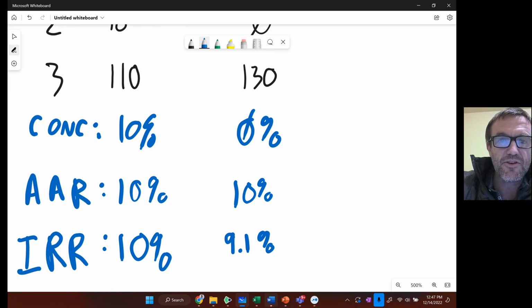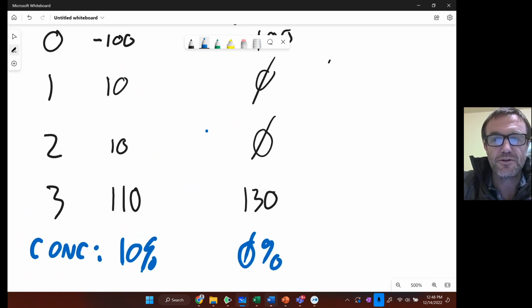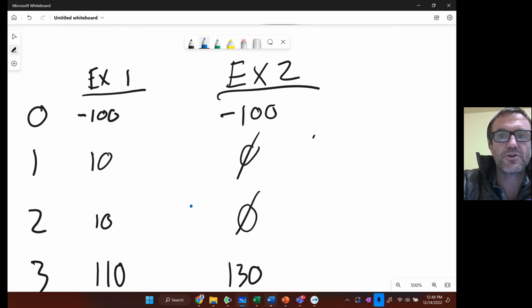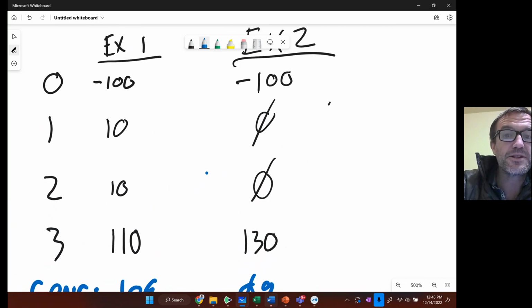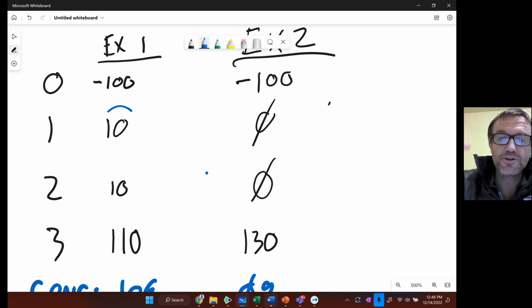And so basically what the AAR is saying is, if you take your $100,000 and paid yourself a 10% return on that every year, you'd end up with $30,000 of return. So that's 10% every year on your $100,000. But notice the AAR does not account for the fact that your 10% in year one and your extra 10% in year two, if you were to reinvest those, which you've effectively done because you're not taking them, your AAR is not giving you interest on your interest.